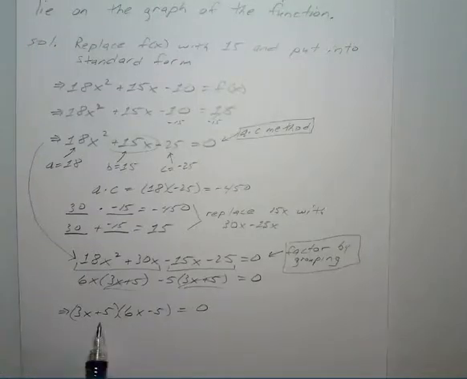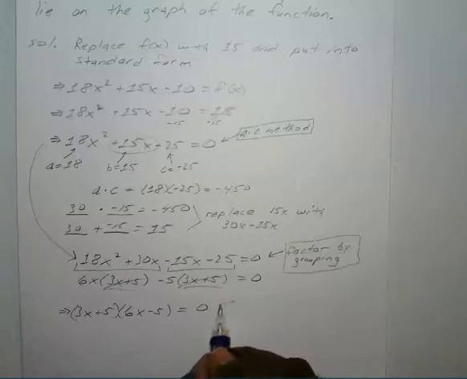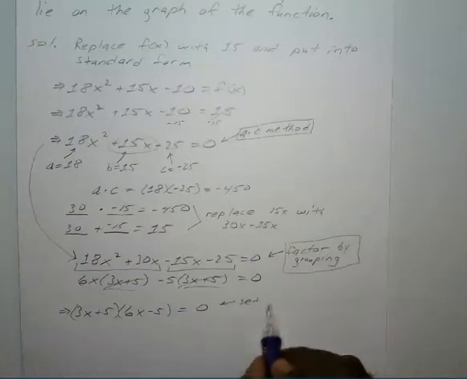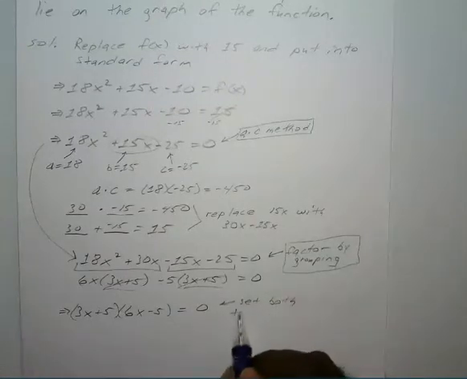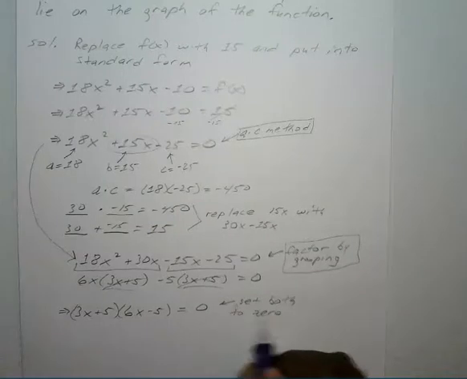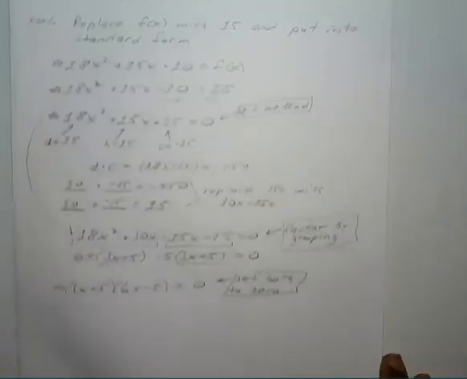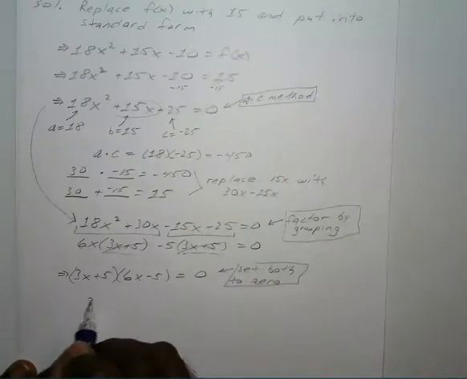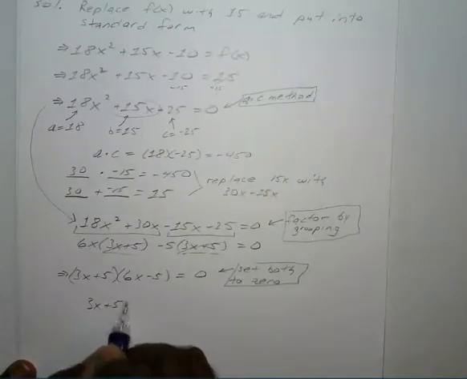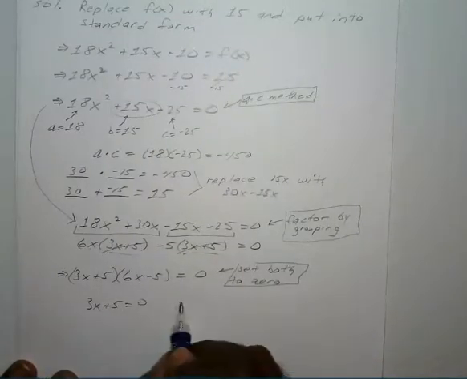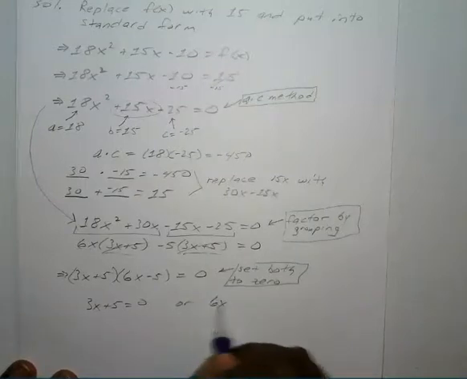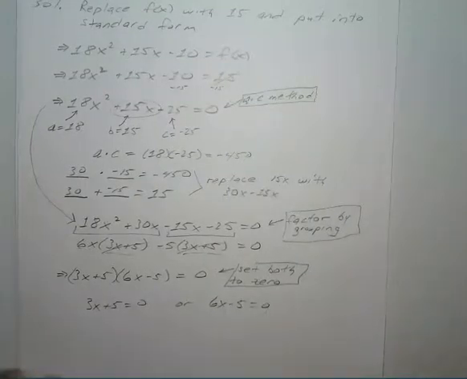Now that we have it all factored, we set both to 0. So we have 3x plus 5 equals 0, or 6x minus 5 equals 0.